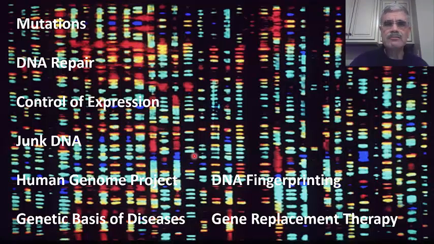Now, if you look at the backdrop, you might recognize that as being something that looks like a barcode, or you might be aware that these are images like those prepared when sequencing DNA or determining DNA fingerprinting profiles.